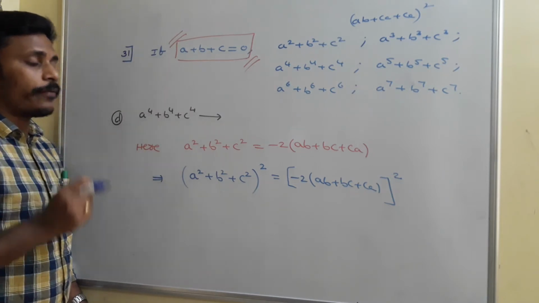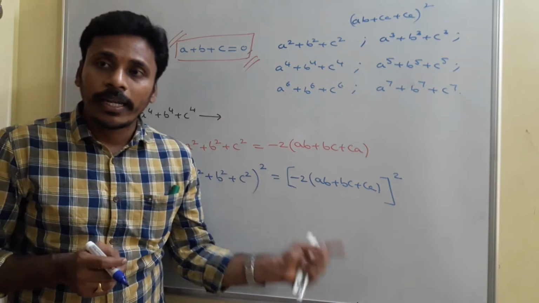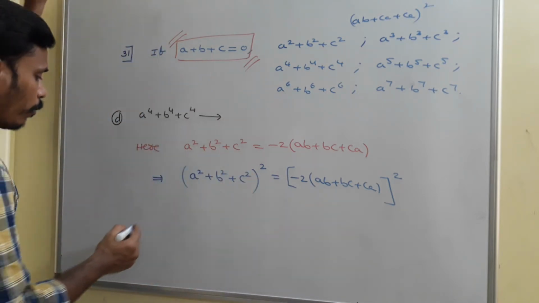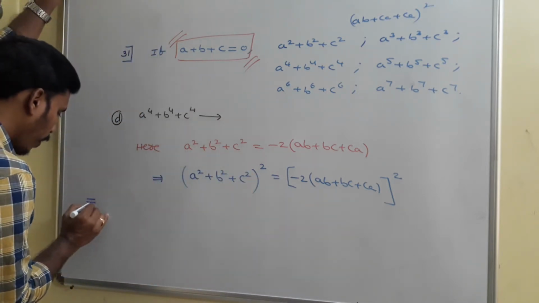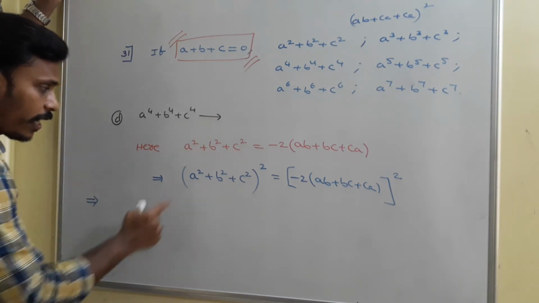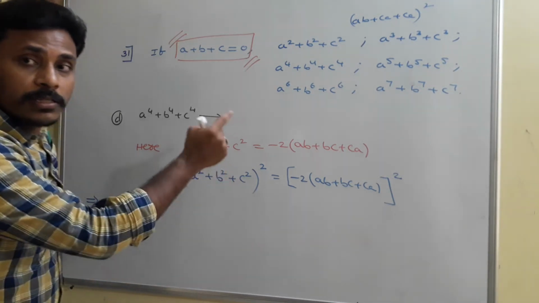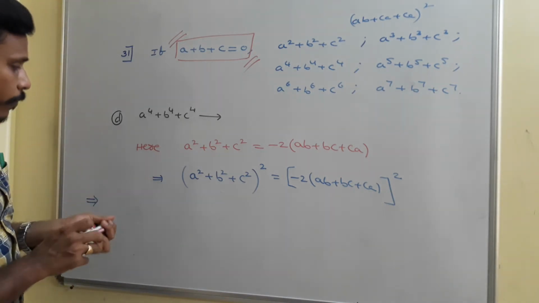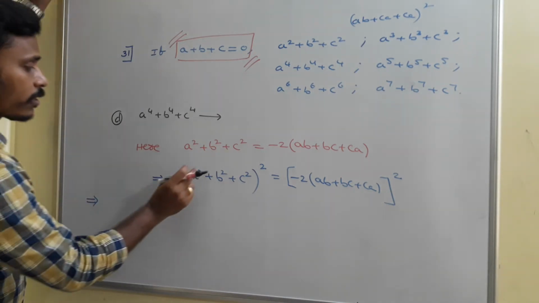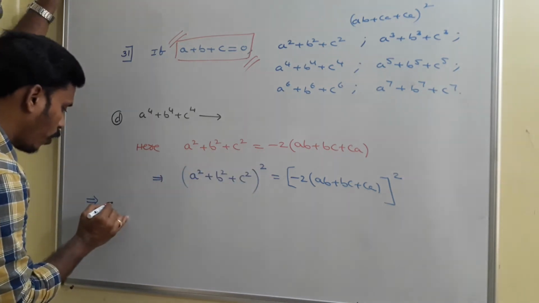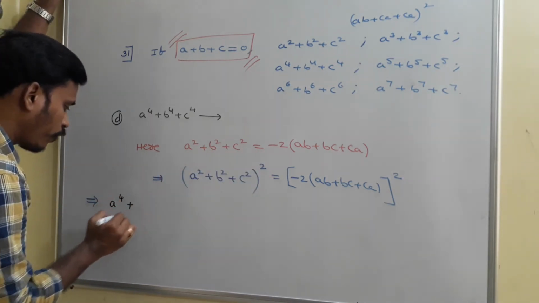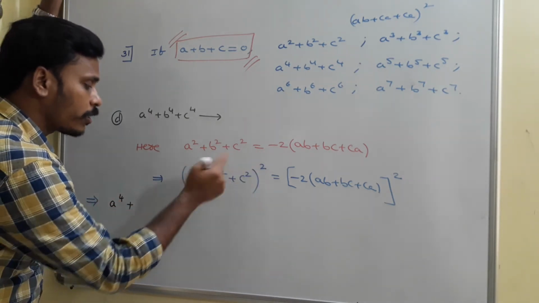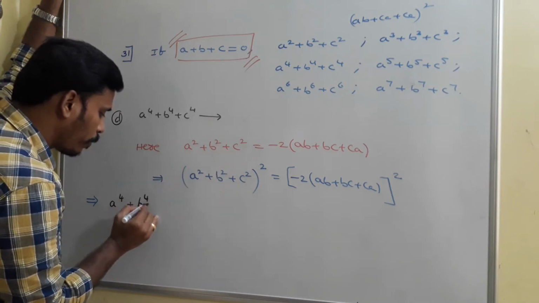Now what is the left side simplification and what is the right side simplification? Both we need to analyze. Coming to the left side, a square plus b square plus c square whole square is of the format x plus y plus z whole square. So here you may write it like this: x square is a square whole square, which is a power 4. y square is b square whole square, and that is b power 4.